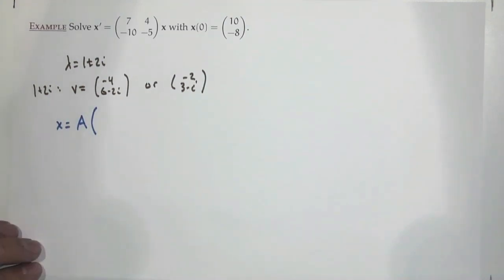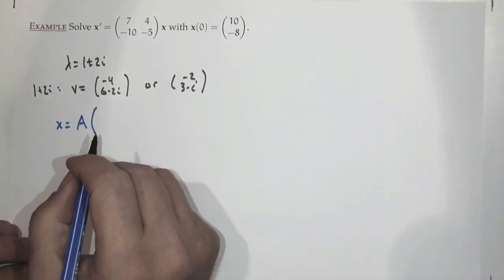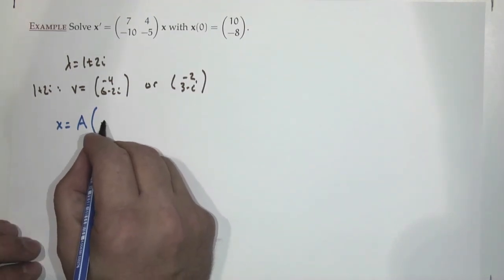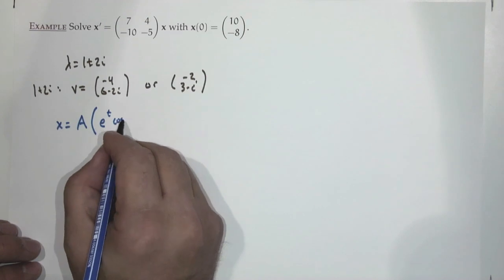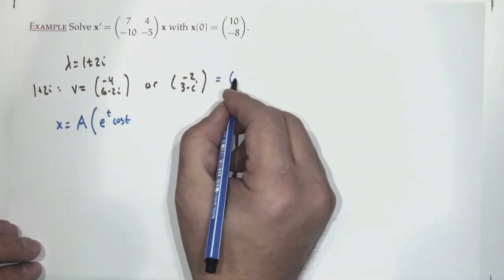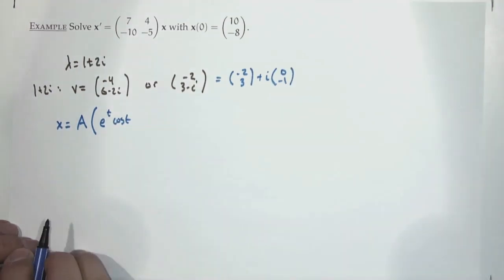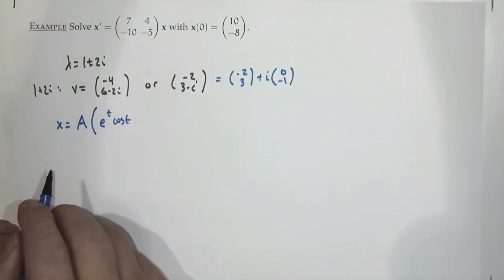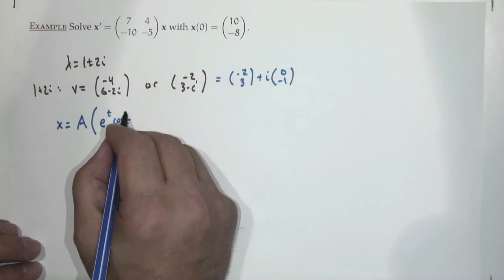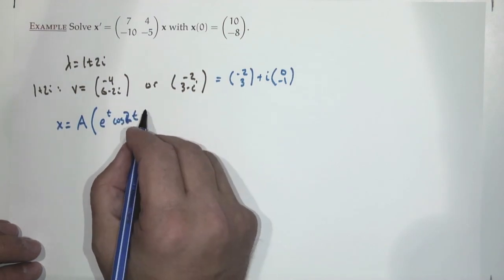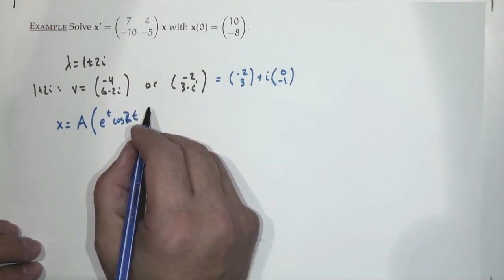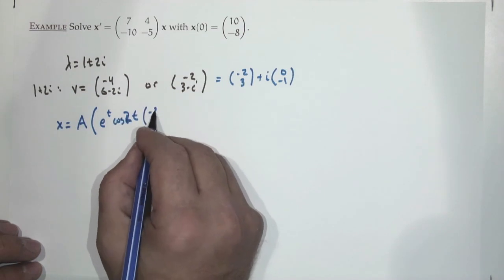Can someone tell me what the first function looks like? e to the t cosine t. Oh, by the way, let's just note that this is [-2, 3] plus i [0, -1]. So e to the t cosine 2t, excuse me, times [-2, 3].